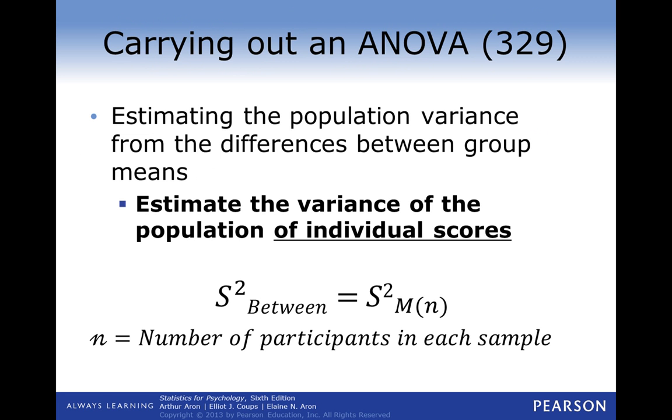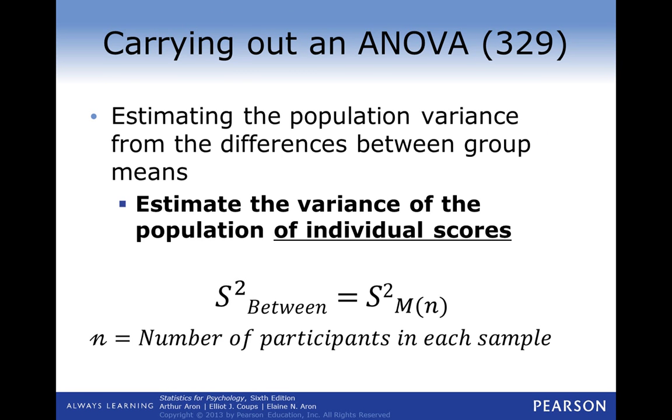To get the final part, we need our estimated variance for the between groups. That is, we're going to estimate the variance of the population of the individual scores. We're going to do between group.